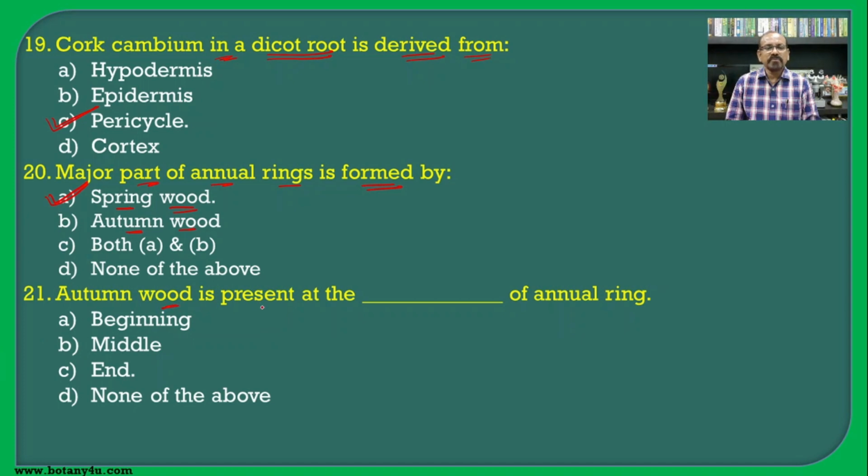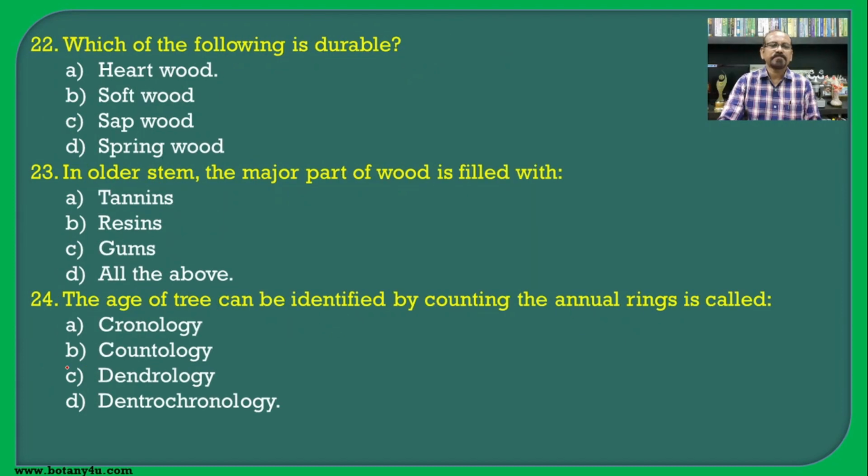Then, autumn wood is present at the annual ring. If we see the annual rings in the wood, we will find that at the end, or the outer side, there is the presence of autumn wood, and hence the end, that is C, will be the answer for this question.